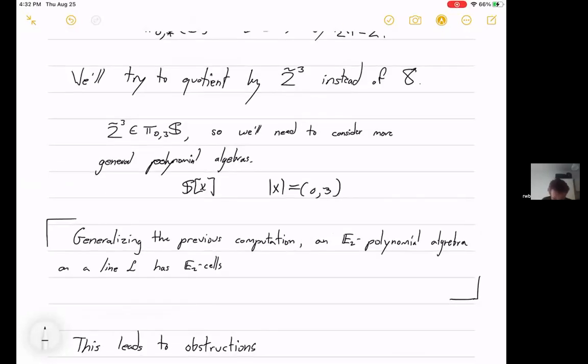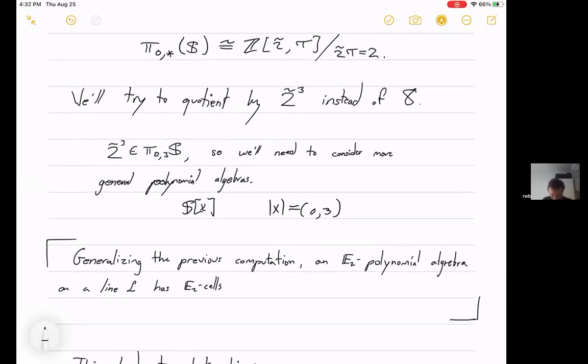Generalizing the previous computation of the cells of an E2 polynomial algebra in spectra, if we have an E2 polynomial algebra where our generator is in some degree, a line bundle L, this will have E2 cells.